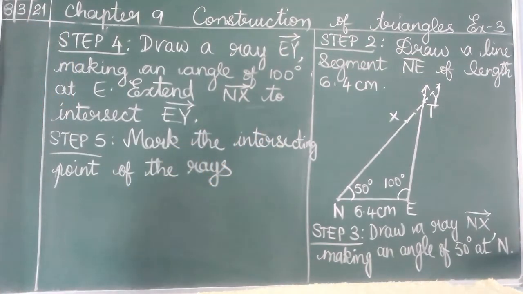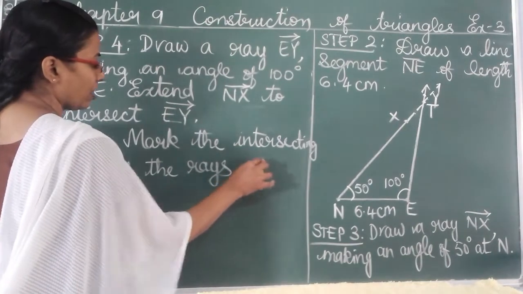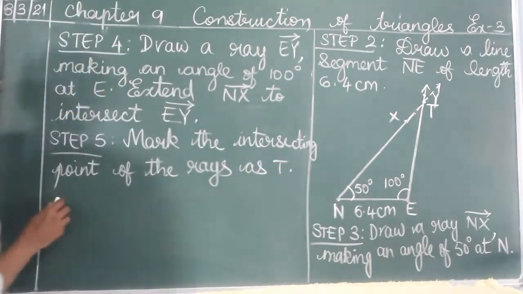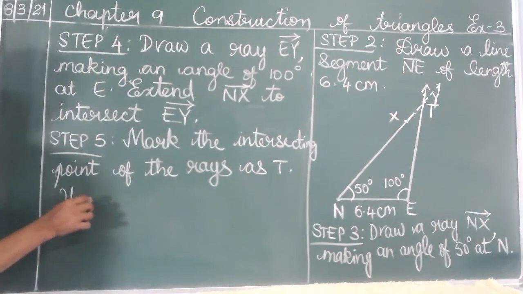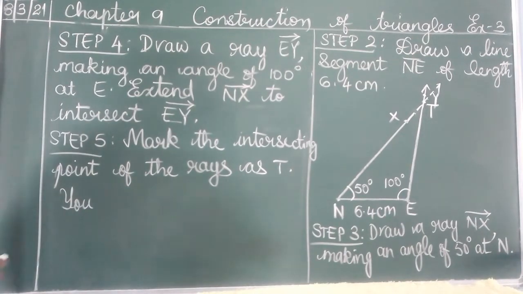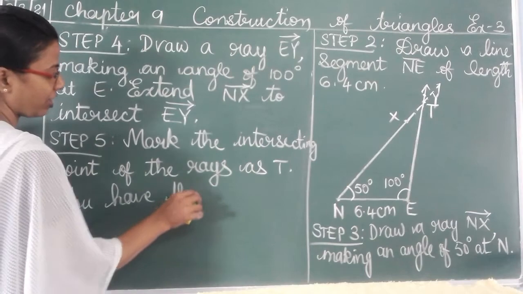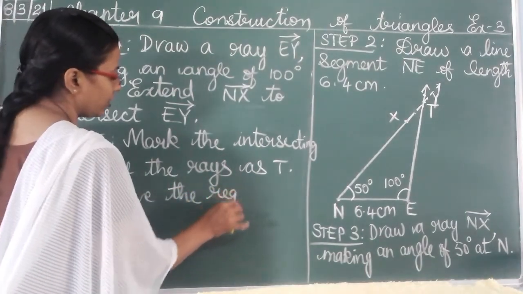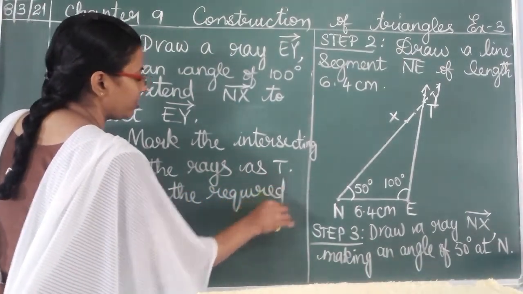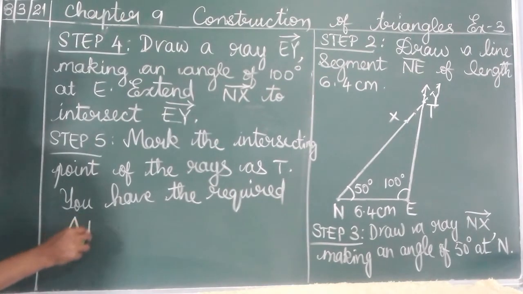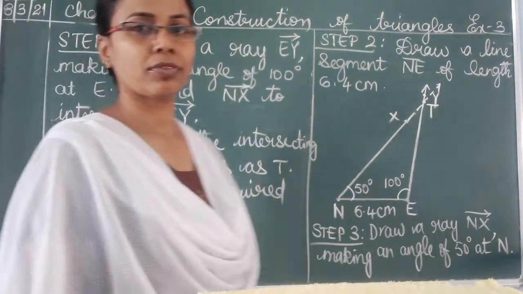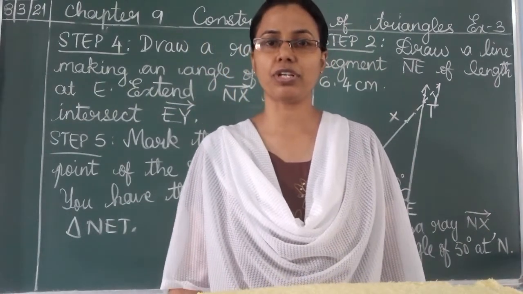We marked it as T. Once you have marked, you have the required triangle NET. Understood, children? Copy in your classwork books, children.